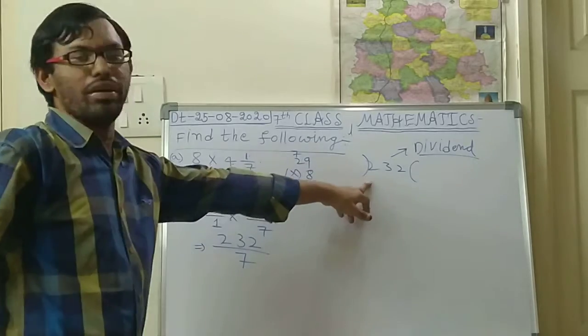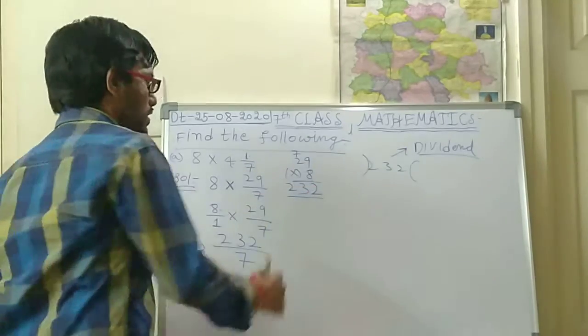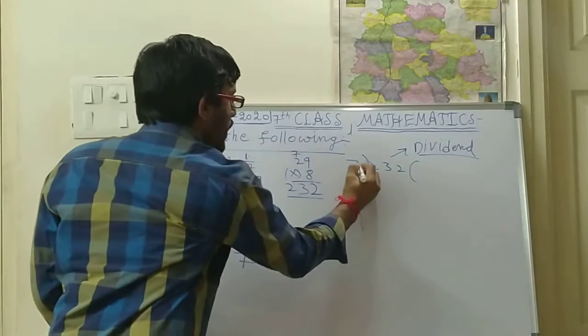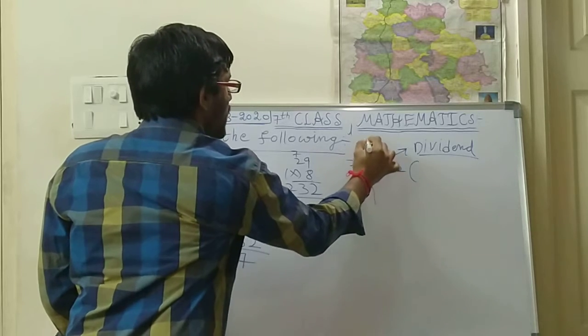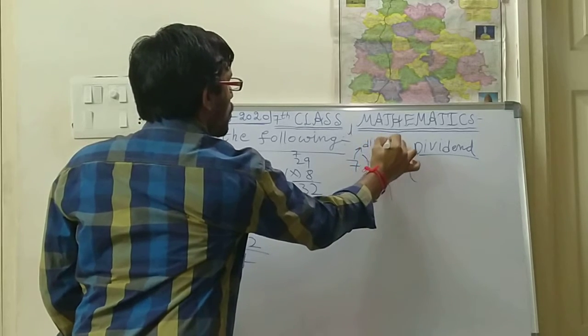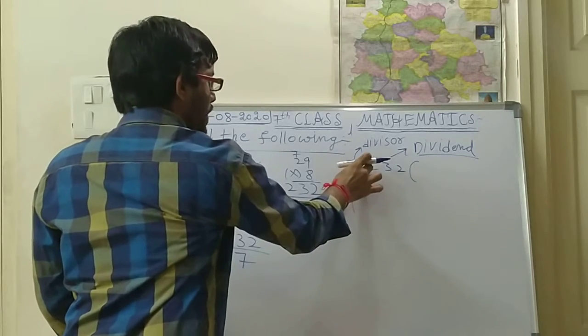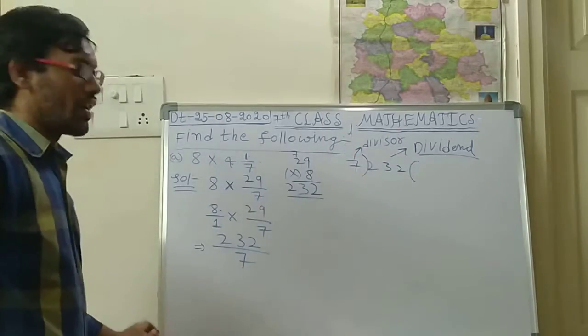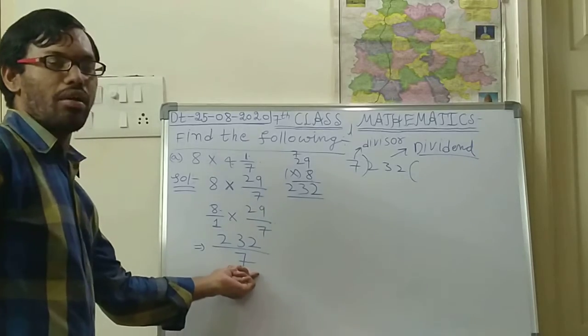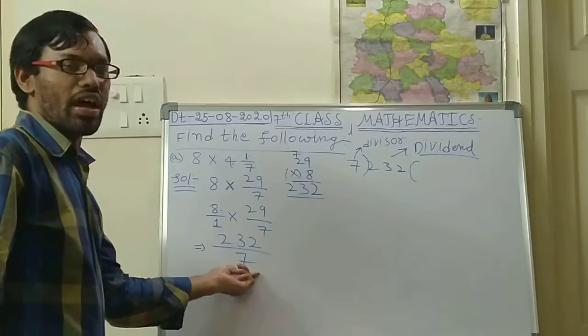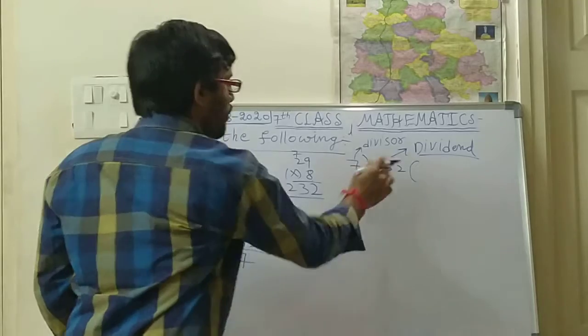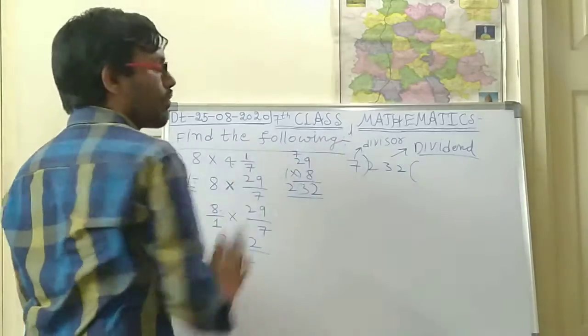Now the denominator you should write as the divisor. So 7 is the divisor, and that will be the denominator of every improper fraction. So 232 divided by 7.